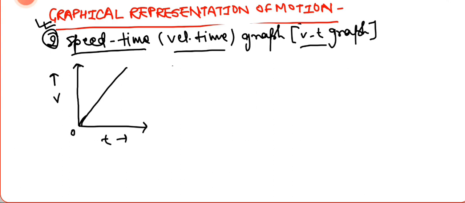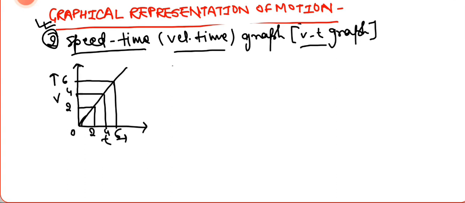So here the velocity must be 2 meters per second, here 4 meters per second, and here 6 meters per second after every equal interval of time. Let us consider this is 2 seconds, this is 4 seconds, this is 6 seconds. This is just an example.